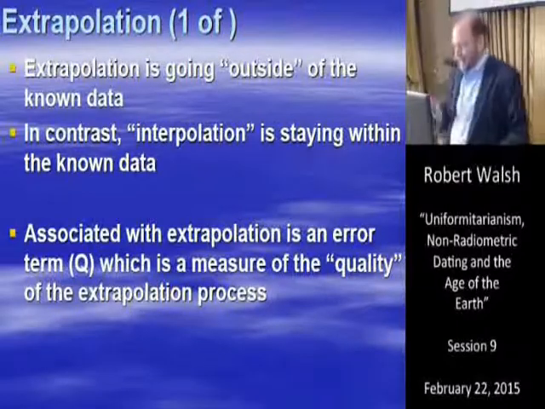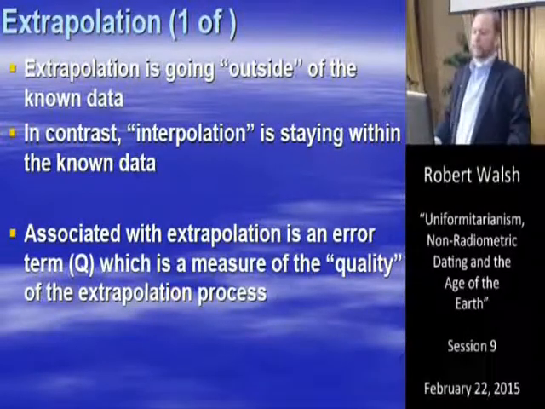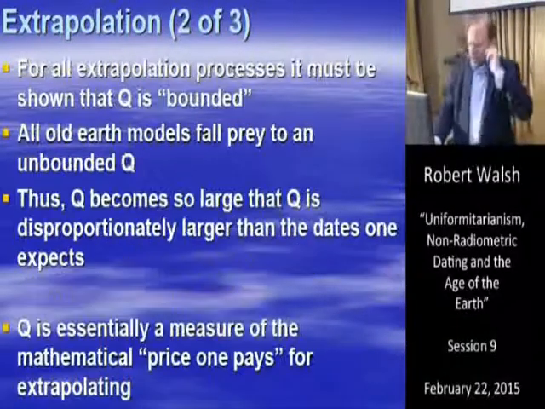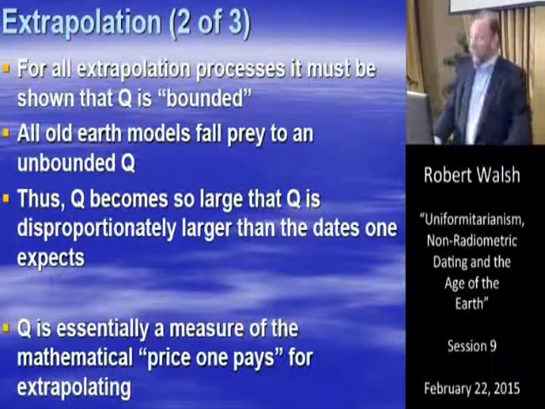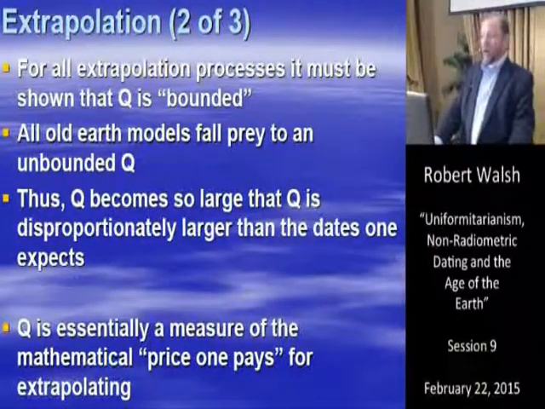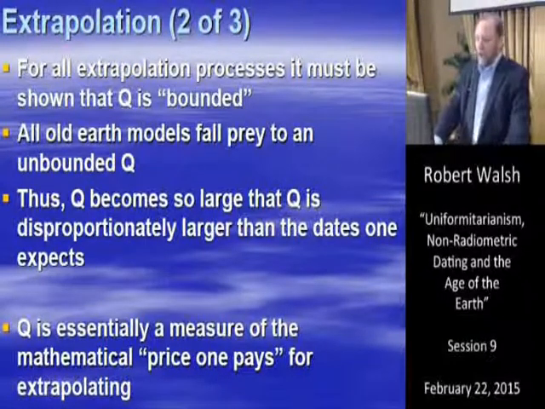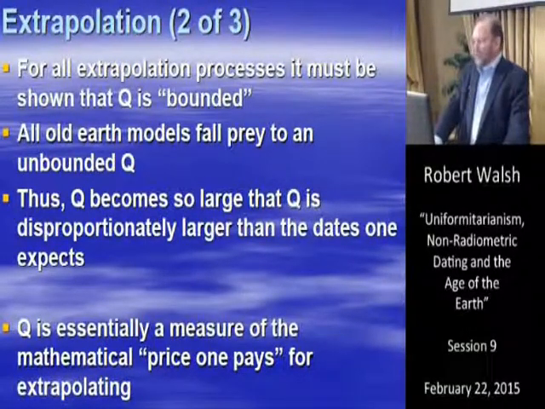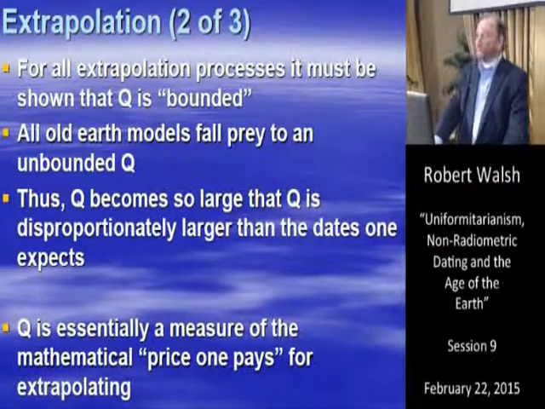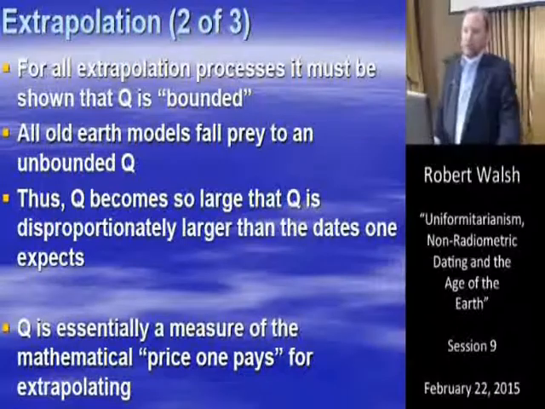Okay? That's this whole idea of extrapolation. So for all extrapolation processes, it must be shown that Q is bounded. All old Earth models fall prey to an unbounded Q. Q becomes so large in these cases that Q is disproportionately larger than the very dates that they want to measure.